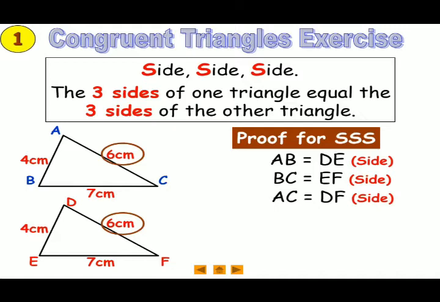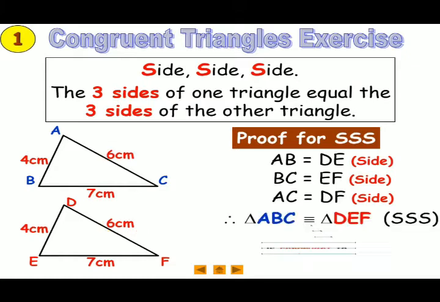Here the measurements of AC and DF are equal and both are 6 cm. So next we write down AC is equal to DF. So here you can see we have got three sides which are equal. So last we will write down that triangle ABC is congruent to triangle DEF, by the SSS rule.